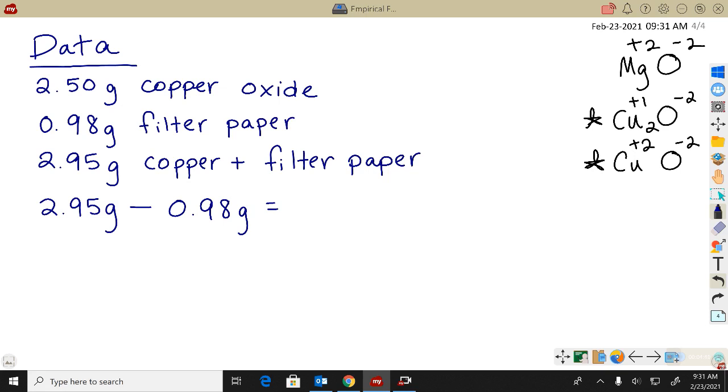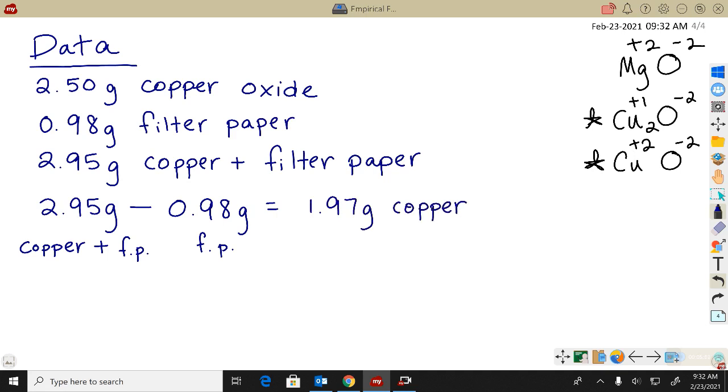So this would have been the copper plus, if I call it FP, filter paper, and I just subtract off the filter paper. The other piece of data that I'd really like to have recorded is the amount of copper that I would have collected. All right, so 2.95 minus 0.98 is about 1.97 grams of copper.